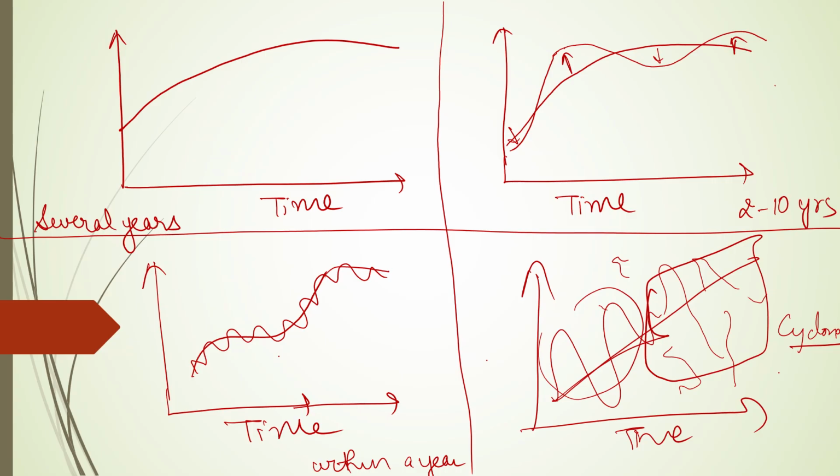Now let's start with trend projection. In trend projection, we project the past trend by fitting a straight line to the data.